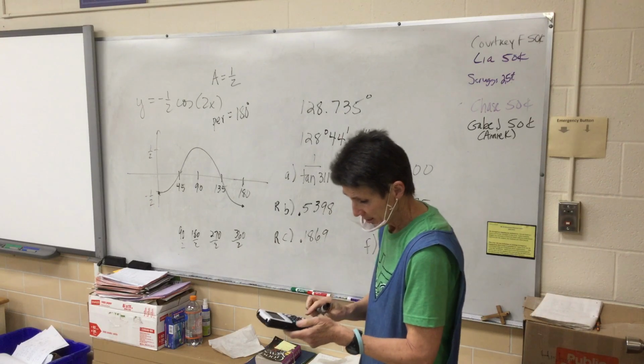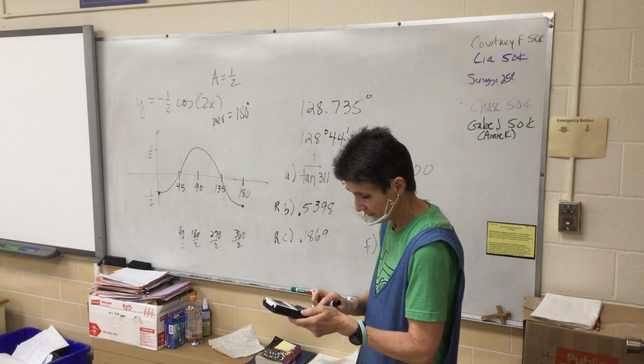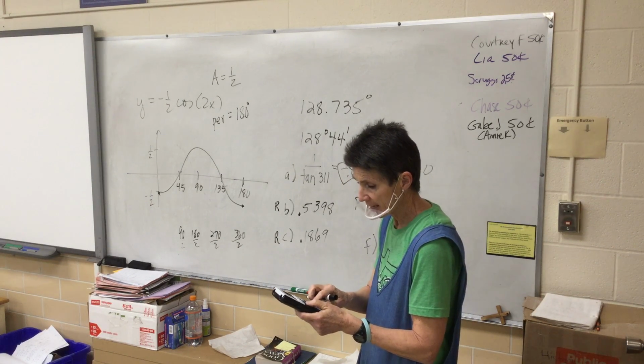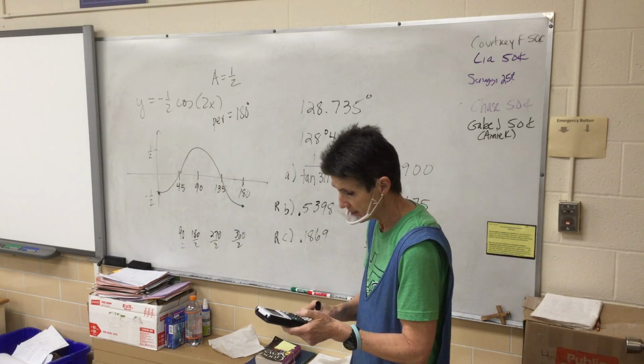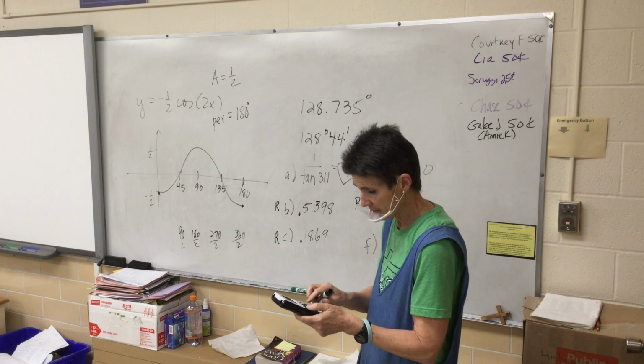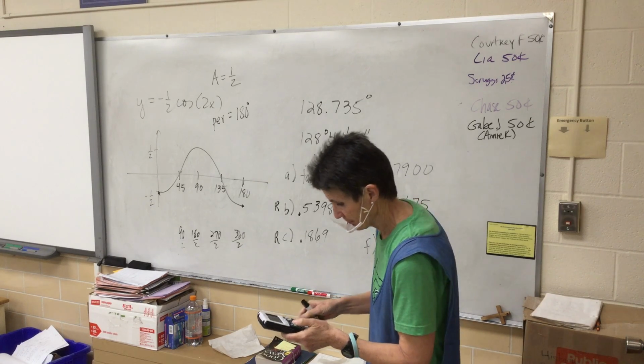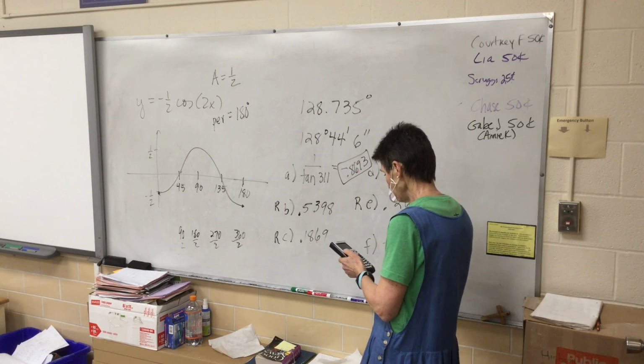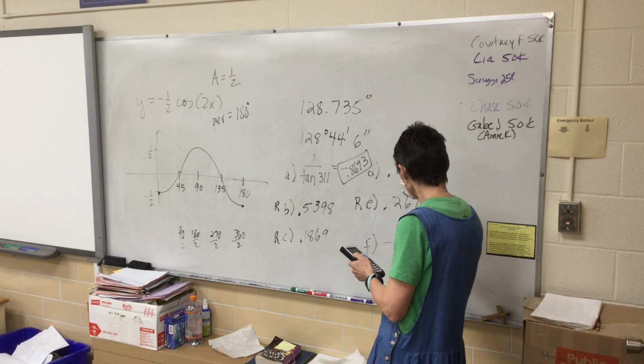And then F, easy, tangent, 153 second angle degrees, 17 second angle minutes. Negative 0.5033.